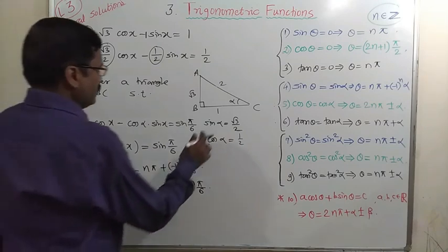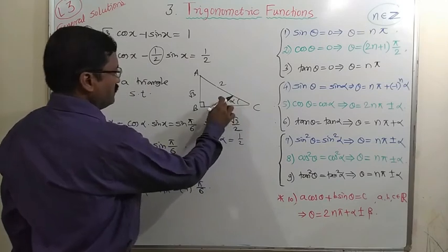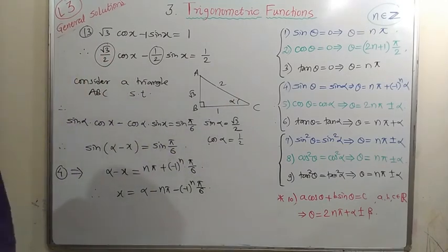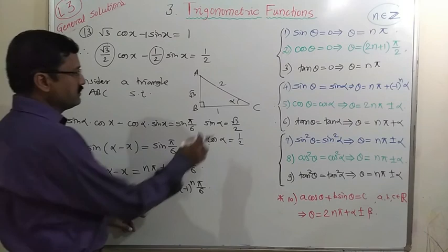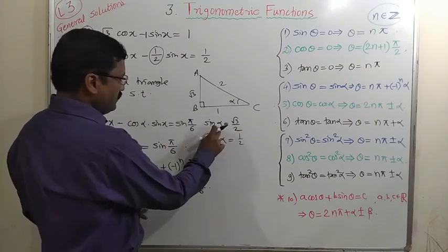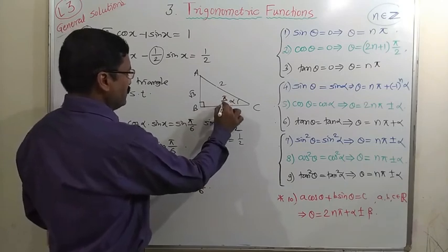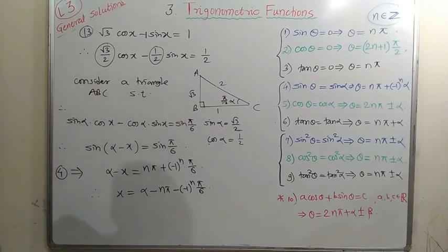From this, here root 3 upon 2, so the value of alpha will be found from sin alpha equal to root 3 upon 2. So alpha is equal to 60 degrees. 60 means pi by 3. So this alpha is nothing but pi by 3.